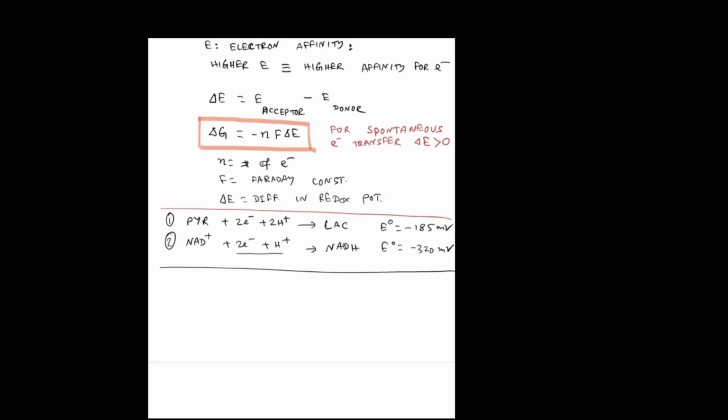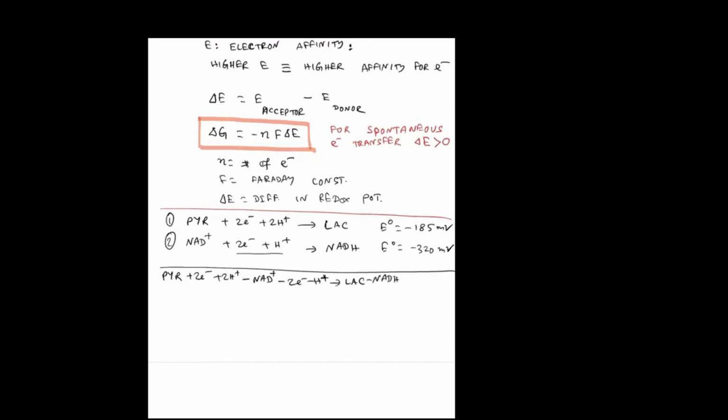So if I do 1 minus 2, let's write the equation. As we did last class, do the left side of the equation and the right side of the equation separately. Do not mix left and right. So pyruvate plus 2 electrons plus 2 protons, and if I do the subtraction, then we get minus 2 electrons, minus 1 proton, and on my right side will be lactate minus NADH.